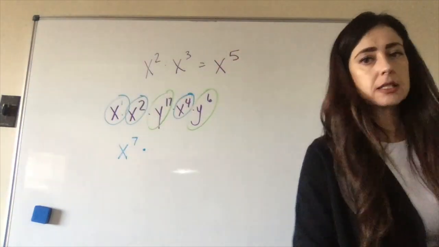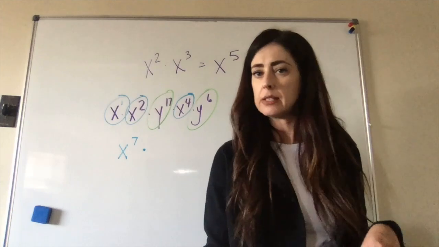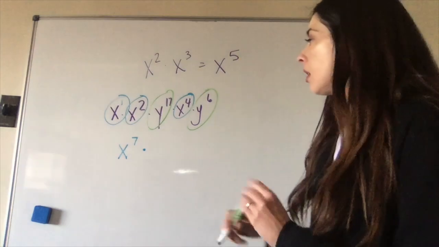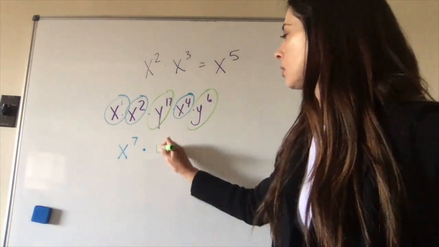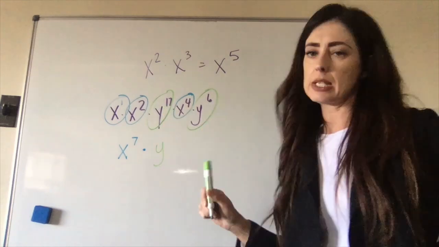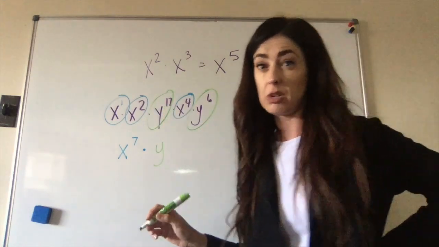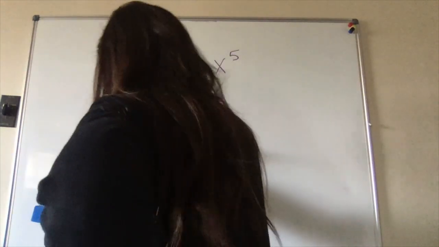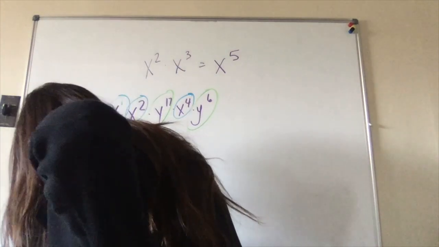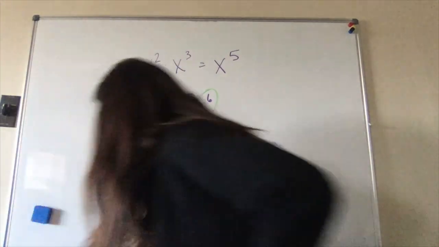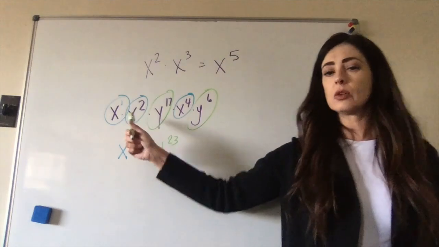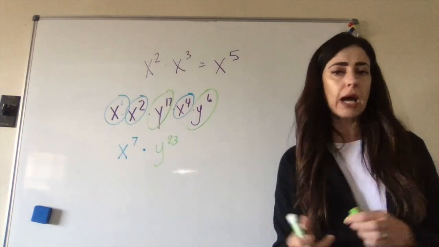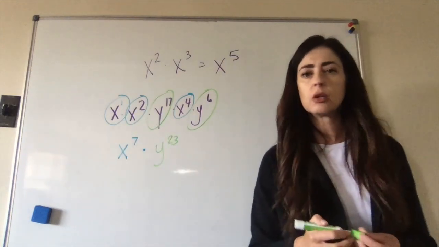X's can only go with x's, y's can only go with y's, all right? So if the base is the same, we can bring our y down, and 17 plus 6 is 23, right? Hopefully. Okay? So remember, x's can only go with x's, y's can only go with y's, m's can only go with m's, p's can only go with p's, okay?